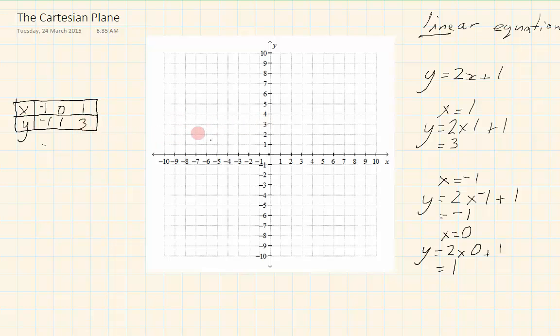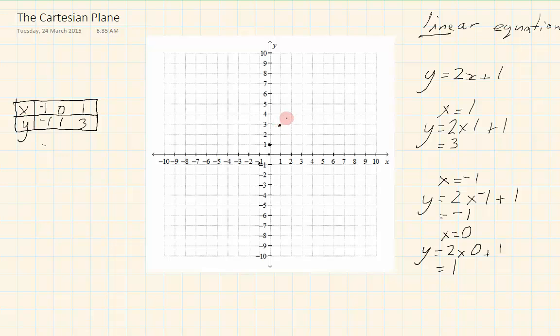Okay, so we can plot these now on our Cartesian plane. So -1. Okay, so when x is equal to -1, y is equal to -1. When x is 0, y is 1. Okay? And when x is 1, y is equal to 3. Okay?